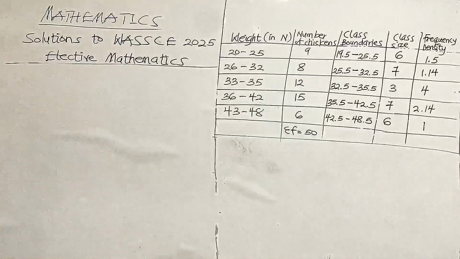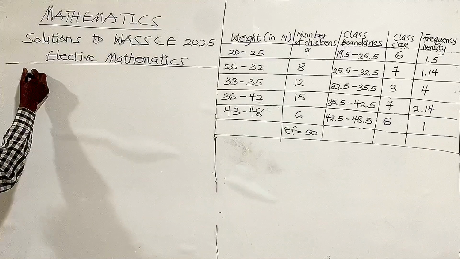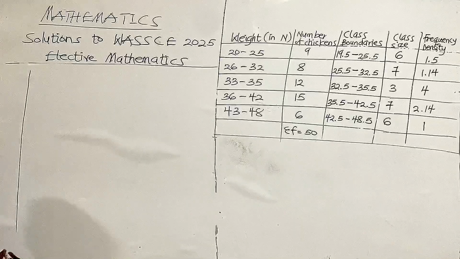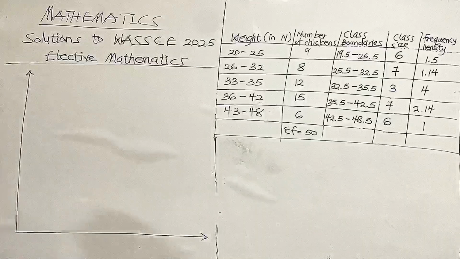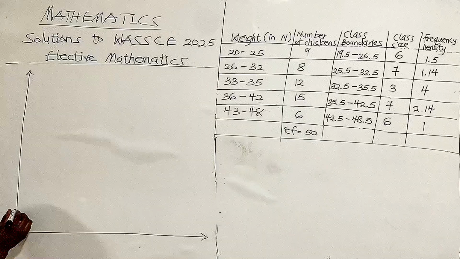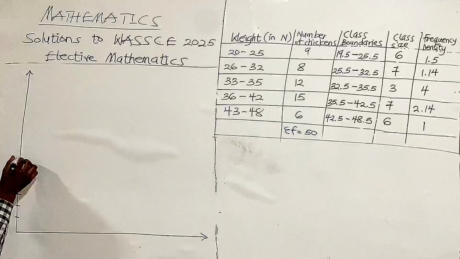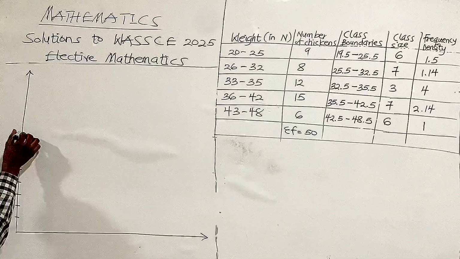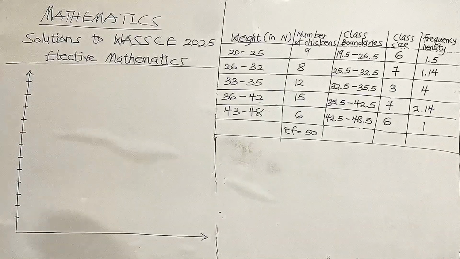So let's assume that this is our graph board. So we have our y-axis, then we have the x-axis. Now for every standard graph along the y-axis, we have 12 deep lines. So we have 1, 2, 3, 4, 5, 6, 7, 8, 9, 10, 11, 12 here.